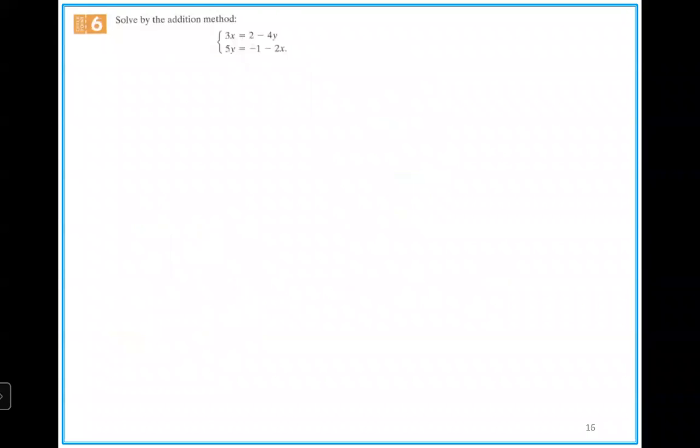Okay, let's look at this next one. Miss Nan, what do you need to do with this before we can do the addition method or elimination method?